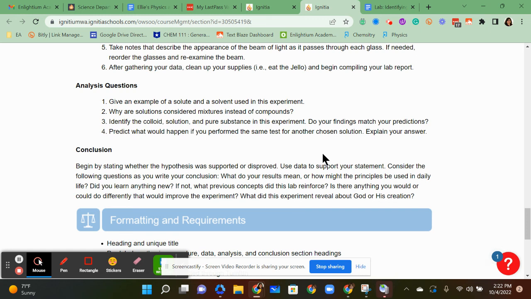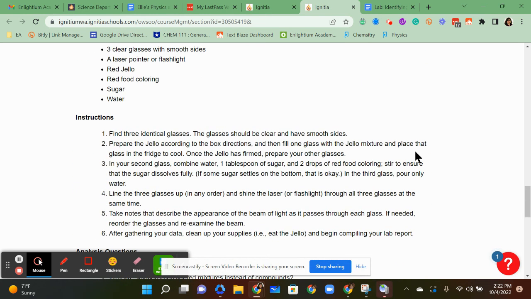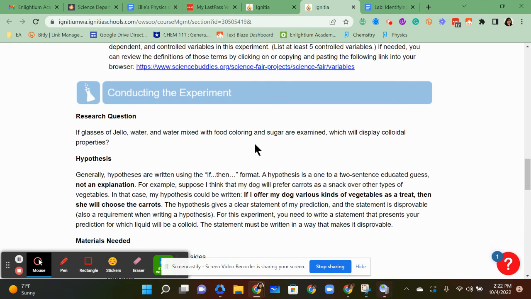Now that I remember, I forgot to say something about the hypothesis. Guys, the hypothesis is one single sentence. It is an educated guess. Do not use personal pronouns. You are making a prediction.